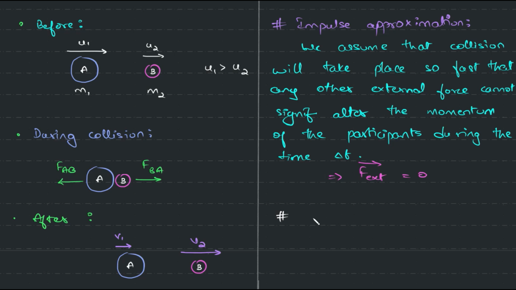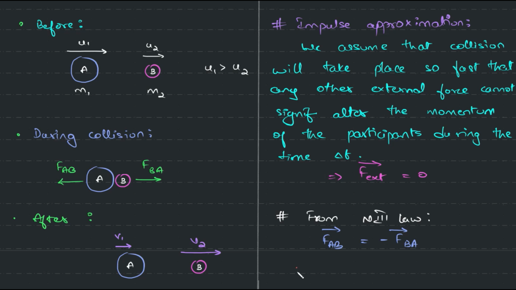Now, next step is that from Newton's third law, what can we tell? FAB should be equal to FBA, but when we take into account the direction, it is negative.